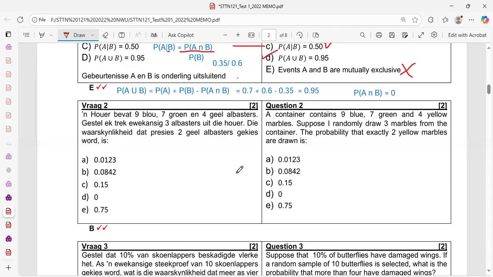The probability that exactly 2 yellow marbles are drawn will be what? So guys, remember, on this one, don't forget, you need to check.